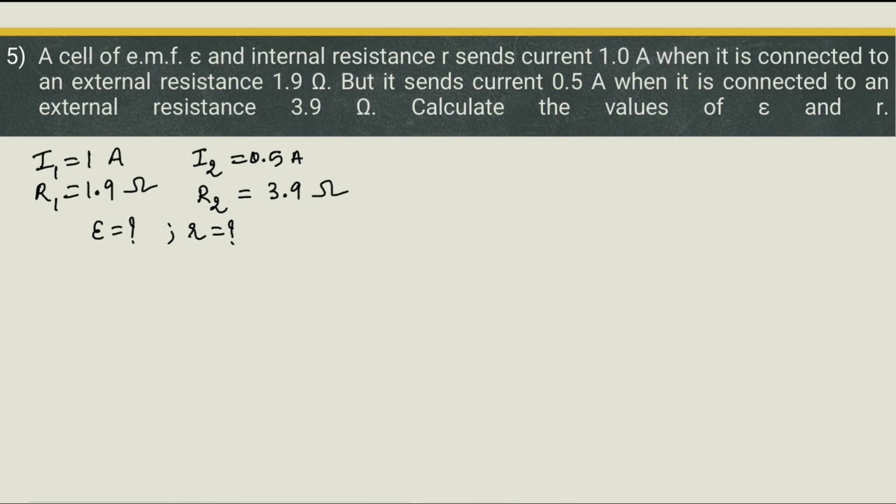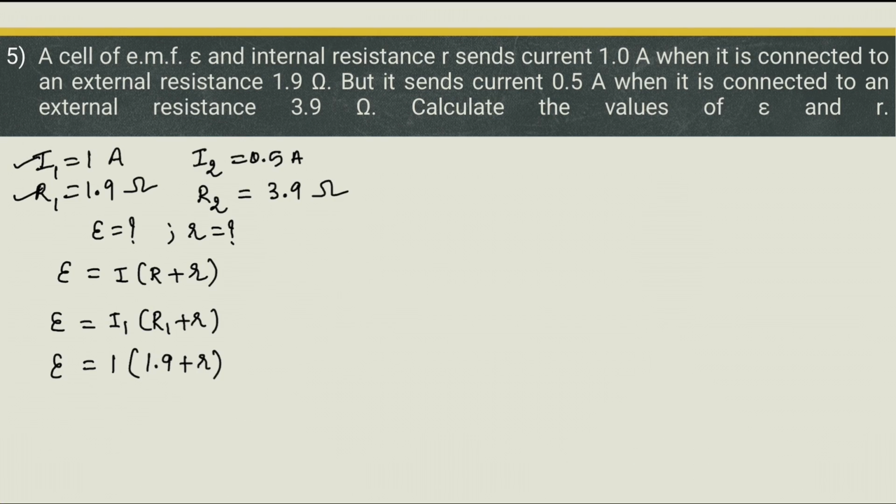So here we know that EMF is I into capital R plus small r. If I use the first set of information, that is I1 and R1, I can form one equation. E is equal to I1 into R1 plus small r. So EMF is equal to, current is 1 ampere, external resistance is 1.9 plus small r.